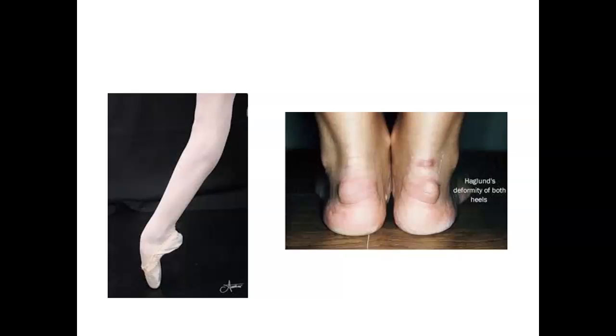These bumps here on the heel are called pump bumps, typically, or Haglund's deformity. If you're a runner, you probably have some of these. It's basically the hypertrophic growth that occurs from the stress on the Achilles tendon from running. So that is also a response to stress.